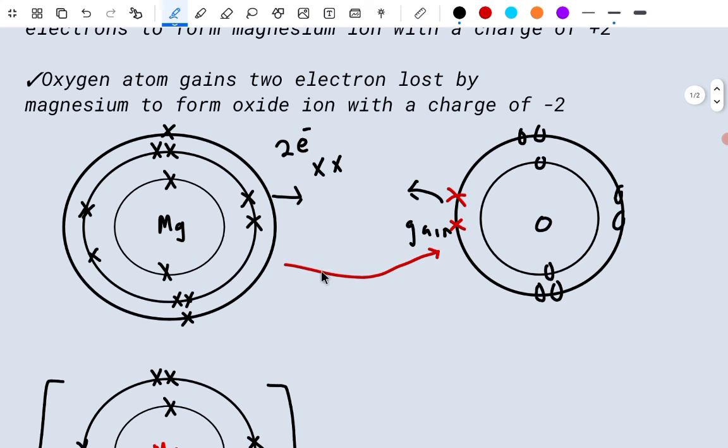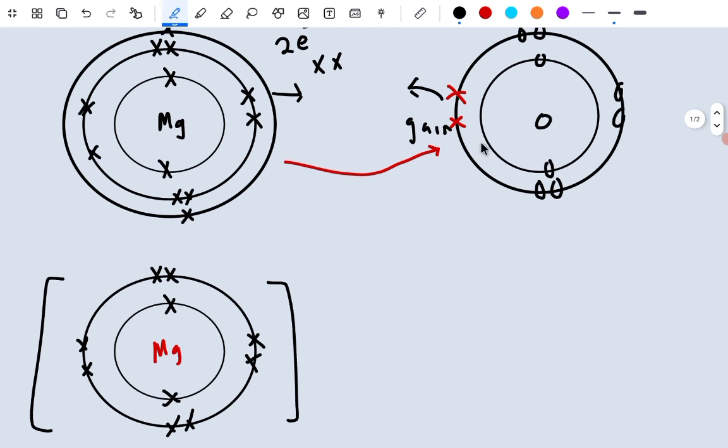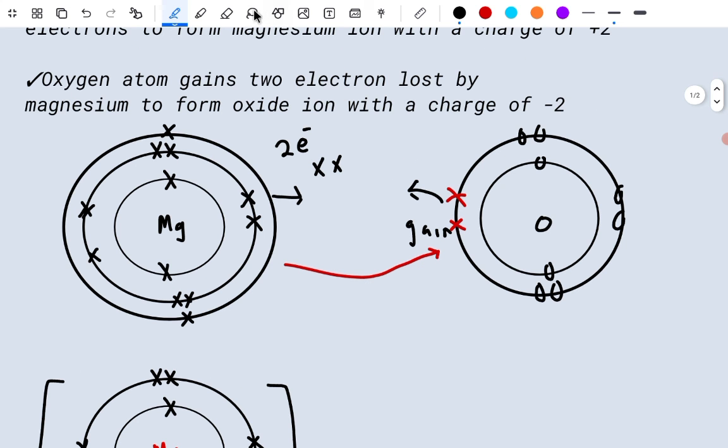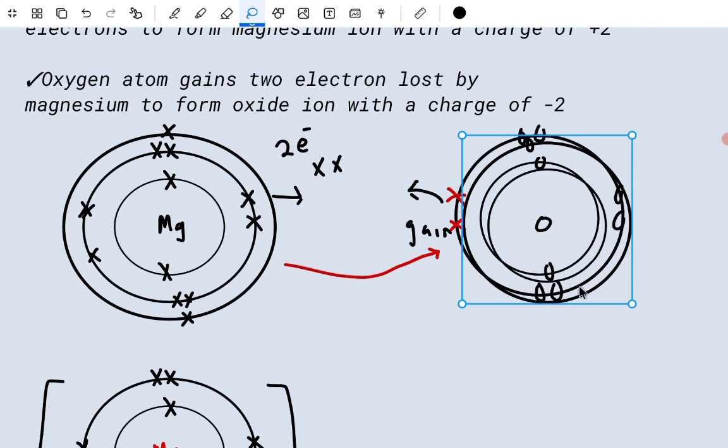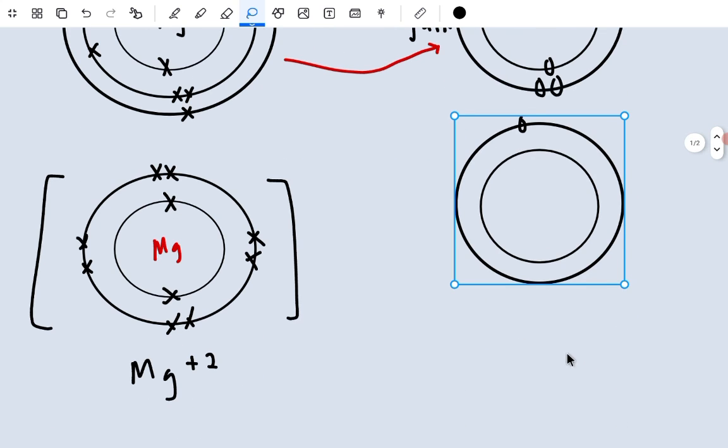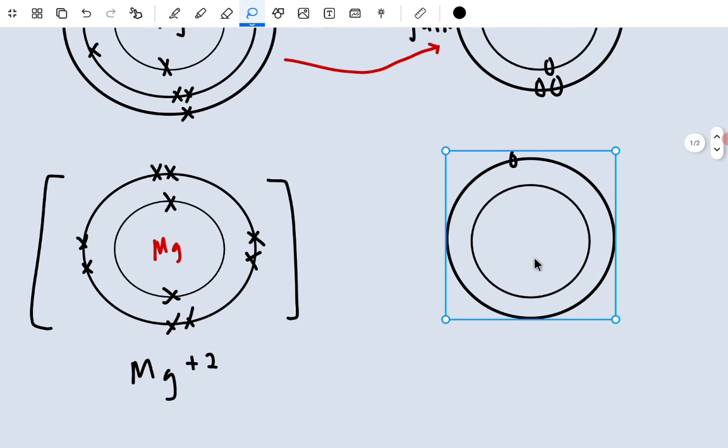And then this one here, I'm going to select it, I do duplicate, and I do this. So this one now, it's oxygen.